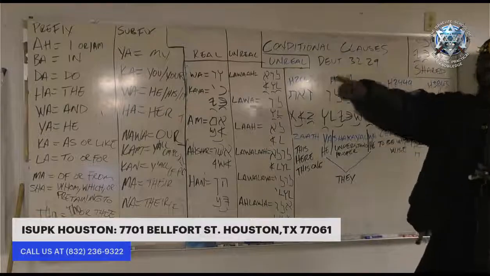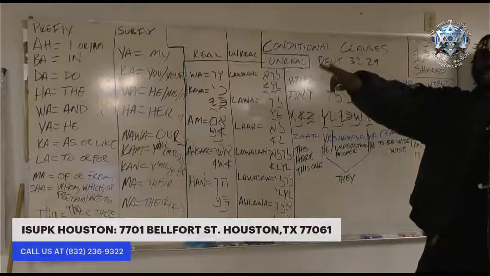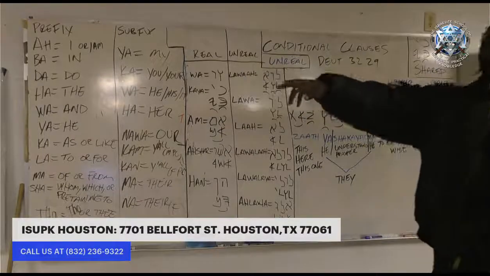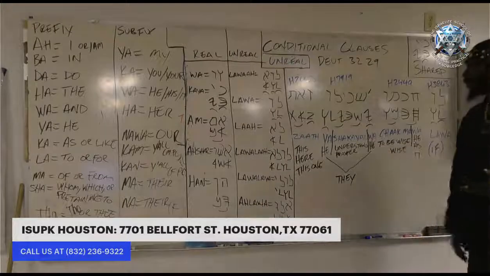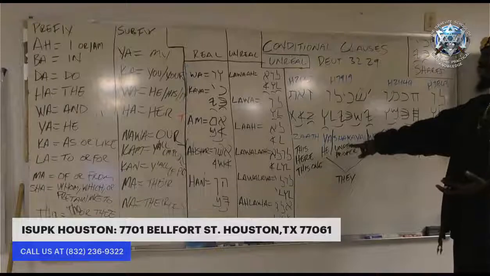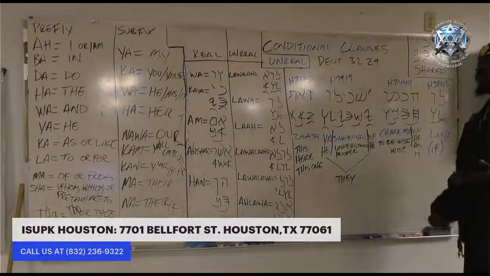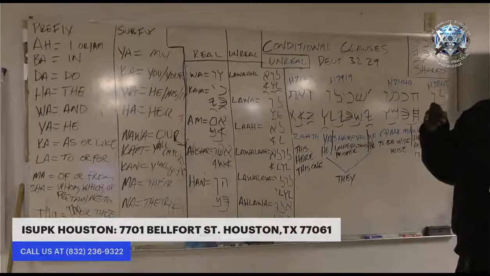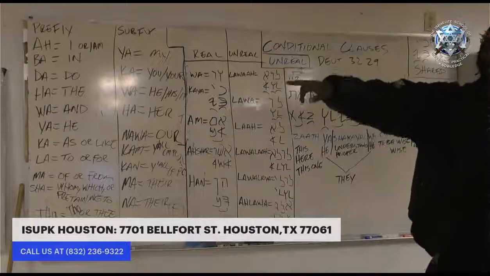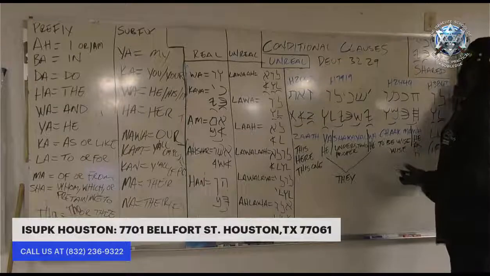So if it's two people over there, two he's make a they. Or if it's two she's, it's a they. When you see two gender identifications at the beginning and at the end of the word, that word is talking in the third person: they, them over there. It's good to remember.